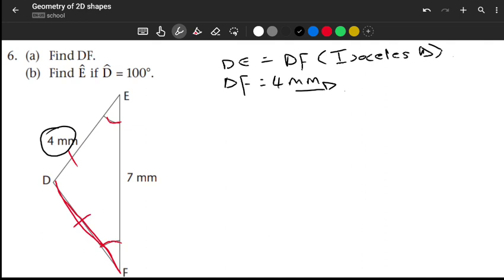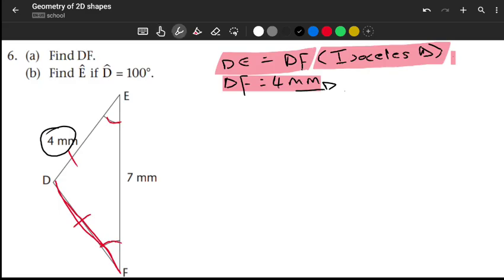So first you say what it is that you're doing. I am saying that DE is equal to DF, and I'm also telling you why it is that. And because I told you why it is that, therefore that is true. You with me?